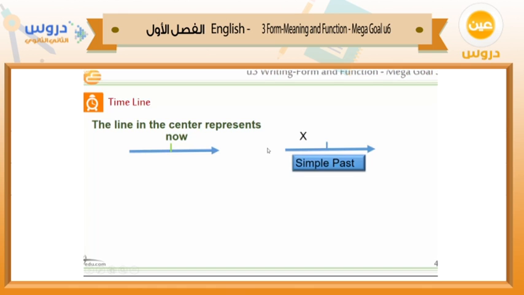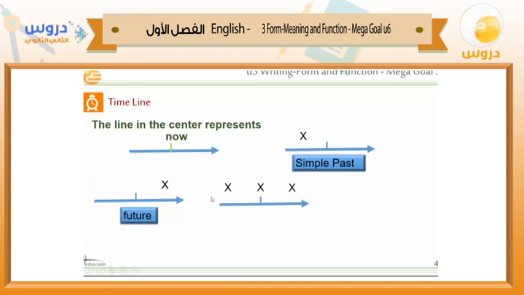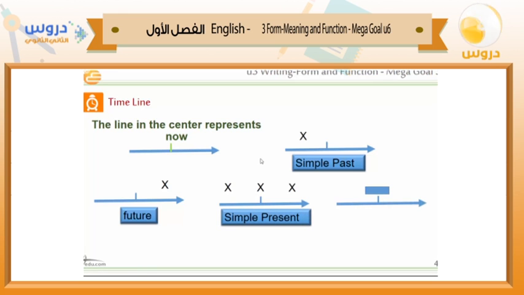It represents simple past. Excellent. And what about this? Future. Perfect. What about this? Something happening regularly. It represents simple present. And what about this? It represents present progressive.